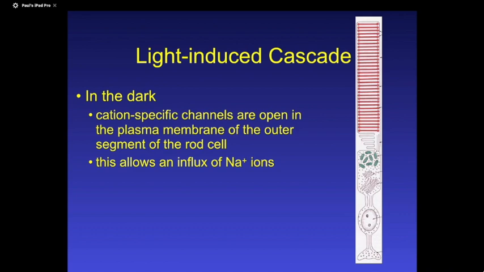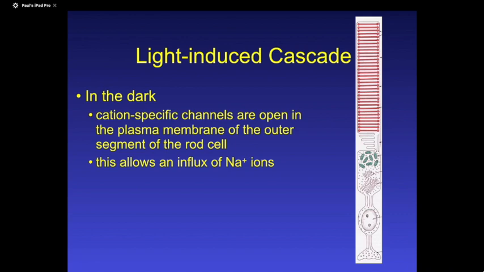All right. In the rod, in the membrane that houses the entire cell, there are ion-specific channels, and they are open in the dark. So that means ions are flowing from outside the cell to inside the cell, and the ion is sodium.